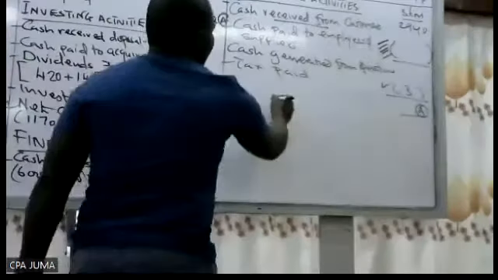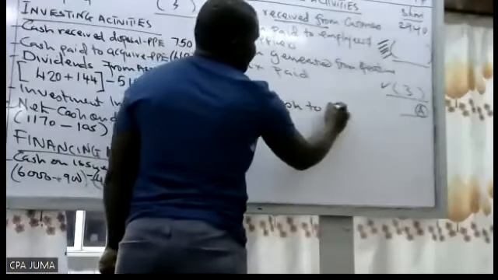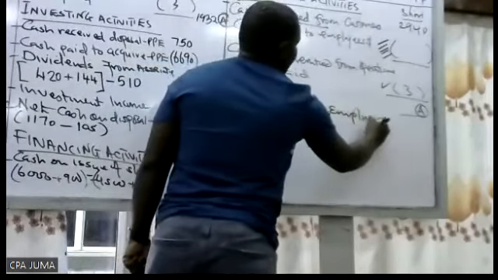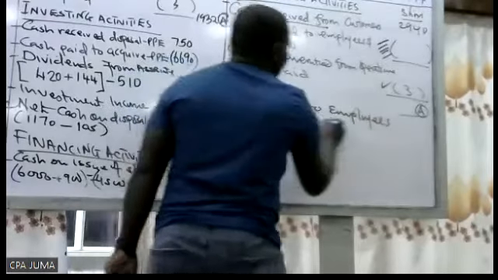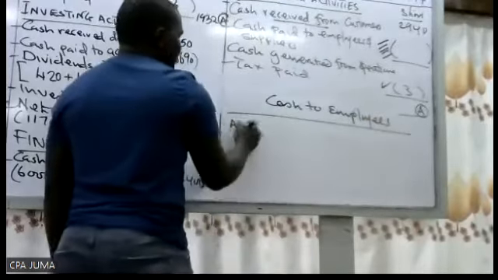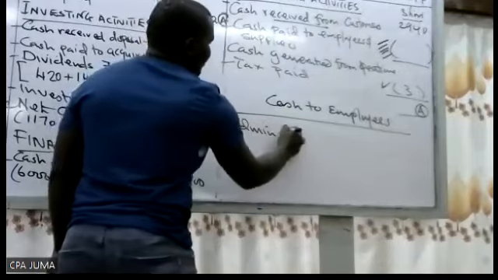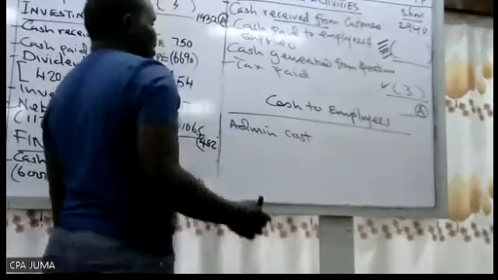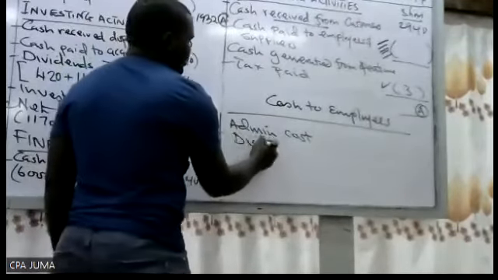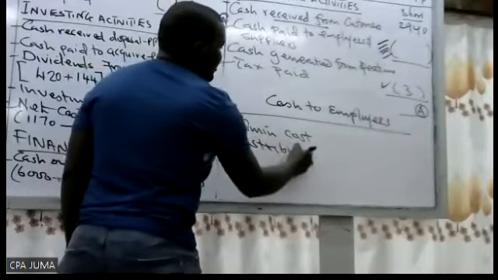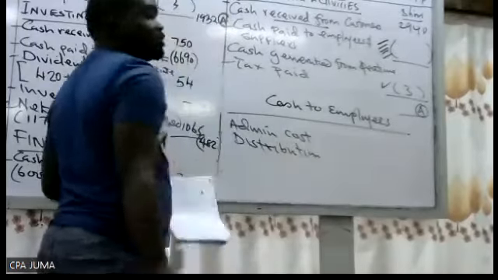So right here, cash to employees, you come and add admin costs, distribution. Admin and distribution, how much?